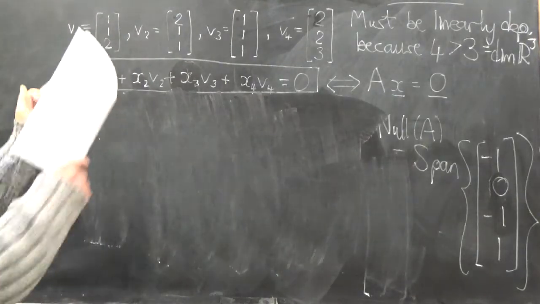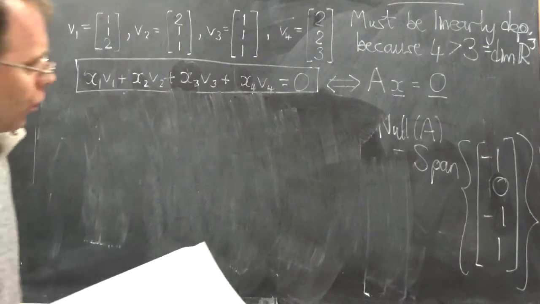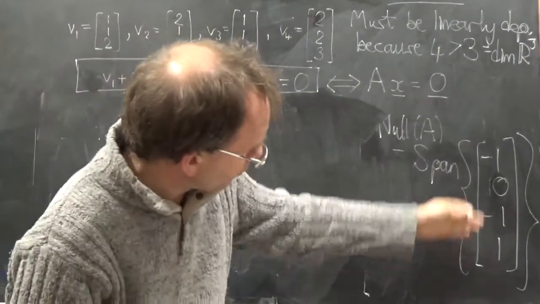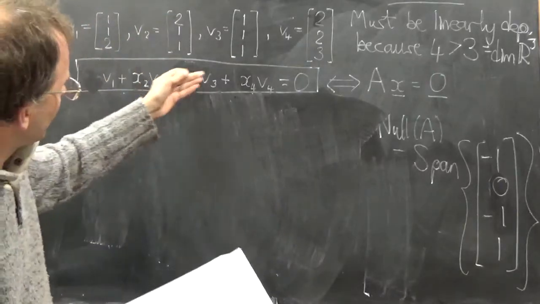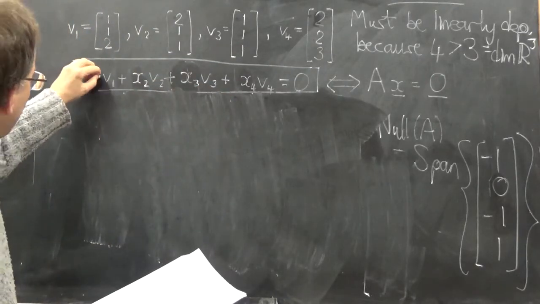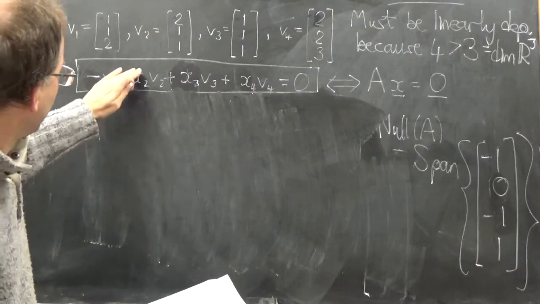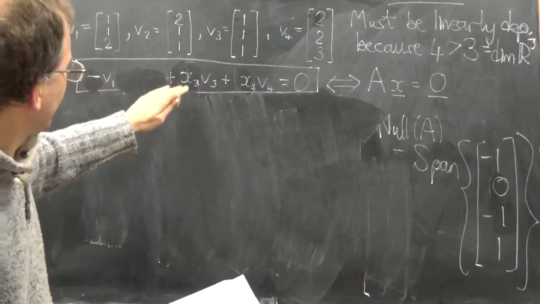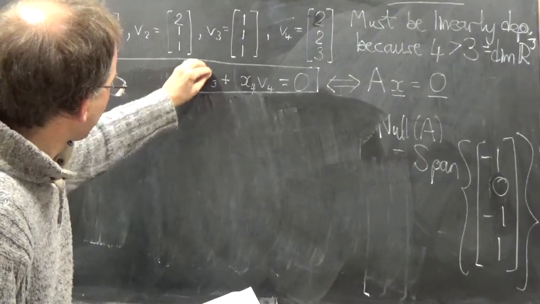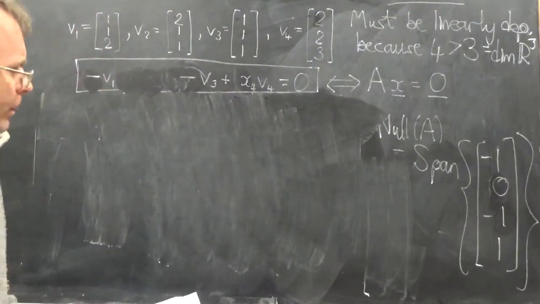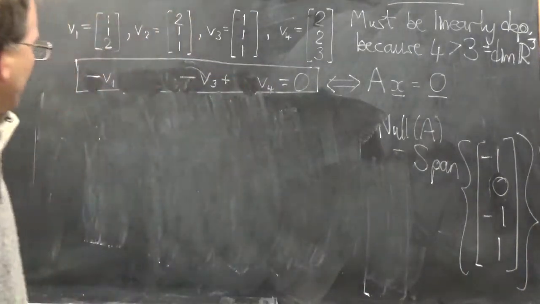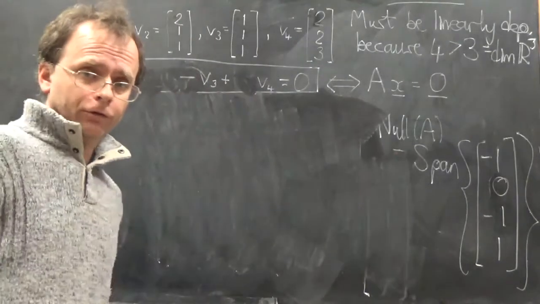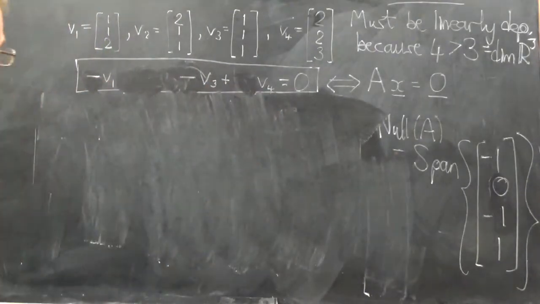So we're looking at all non-zero multiples of this vector of x's to be put in these positions. So x1 is minus 1, x2 is 0, x3 is minus 1, and x4 is 1. So there's a linear dependence relation, and all the other linear dependence relations are multiples of this one.